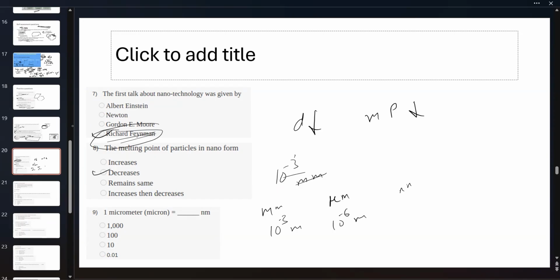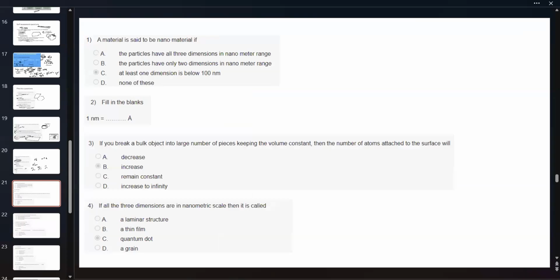Then you have your nanometer, which is 10 to the power minus 9. A micrometer is 1,000 times bigger than a nanometer. A material is said to be a nanomaterial if at least one of the dimensions has to be in nanometer.